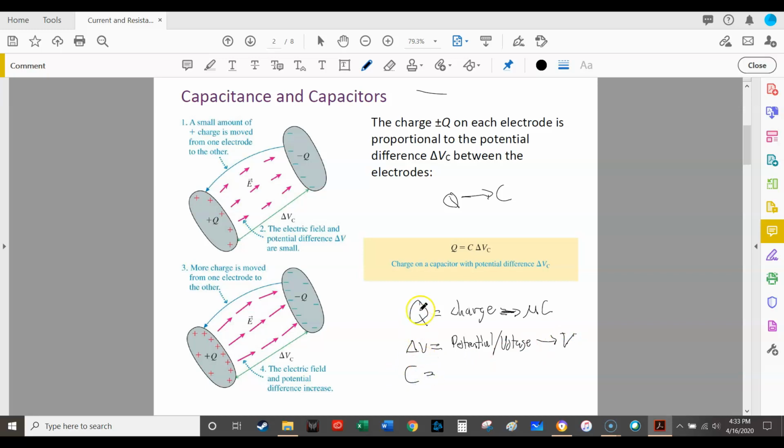Putting these two things together, you have this new type of measurement called capacitance. Normally its unit would be farads, right? But in our worksheets, we're going to be doing it in microfarads. Micro is 10 to the negative 6.